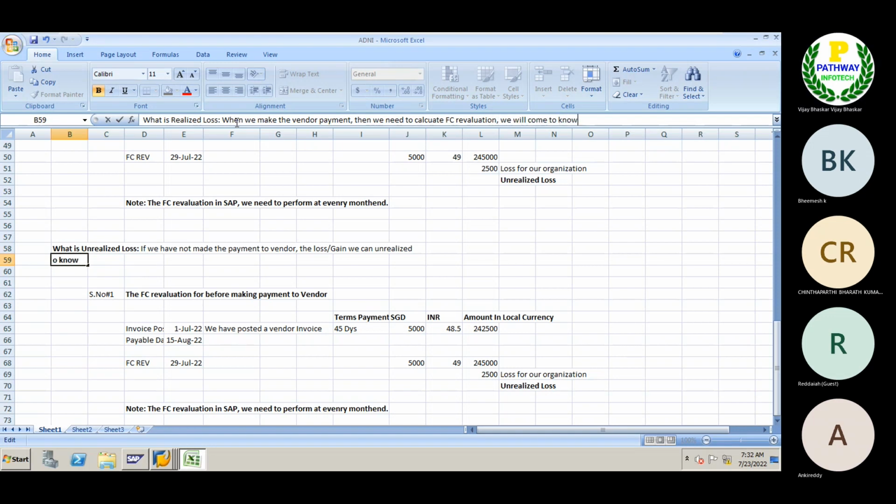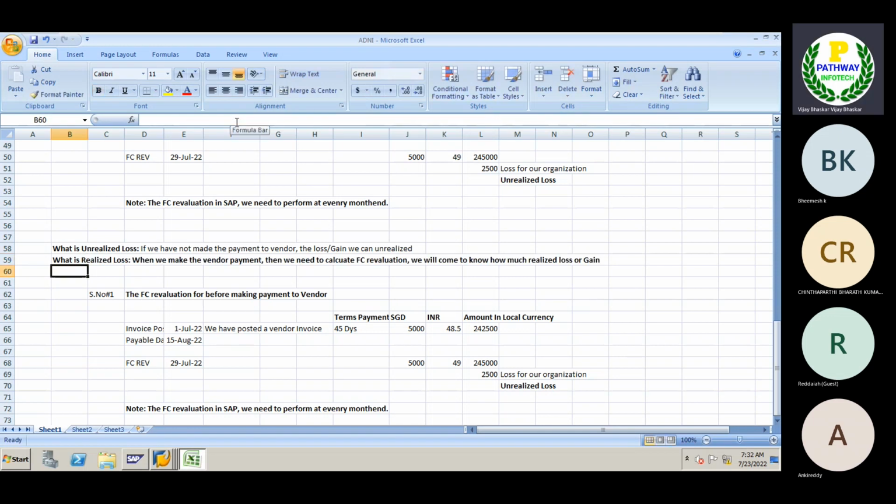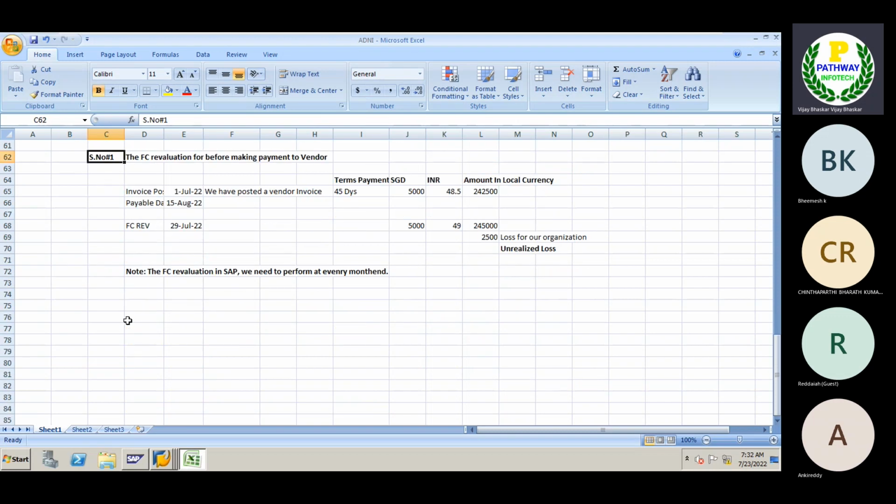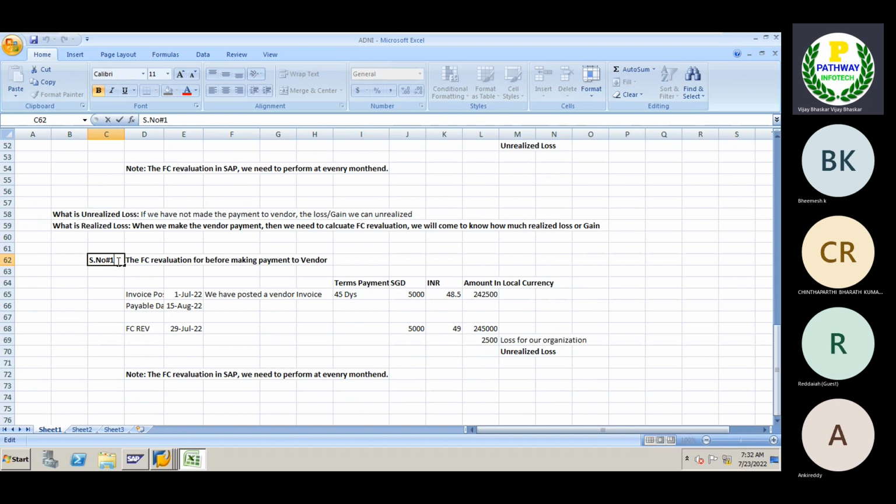We will come to know how much realized loss or gain. Remember, after making the payment, scenario number one we have seen. Now let us see what will happen in scenario number two.